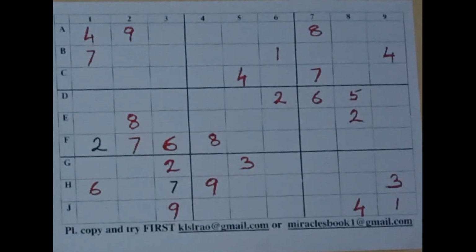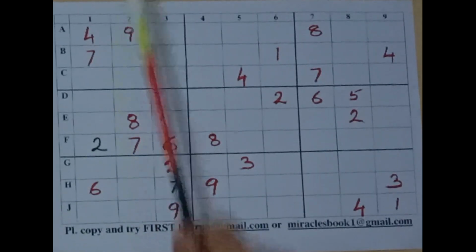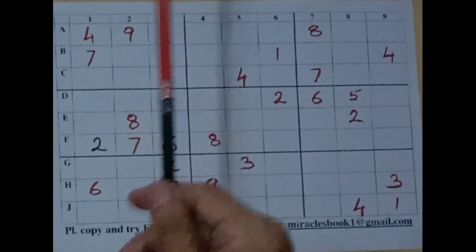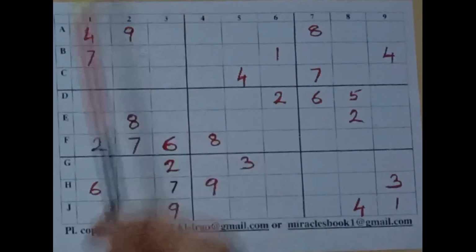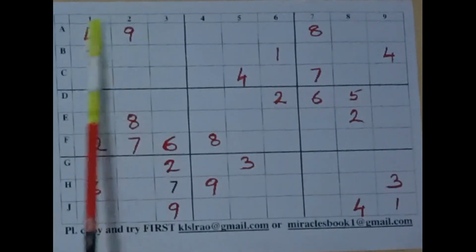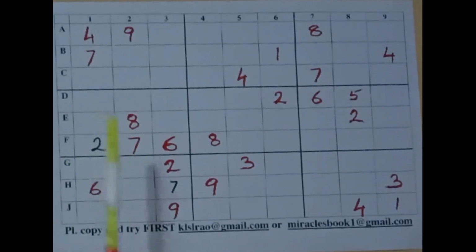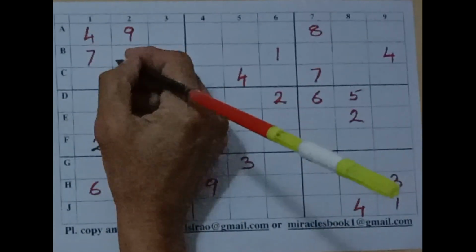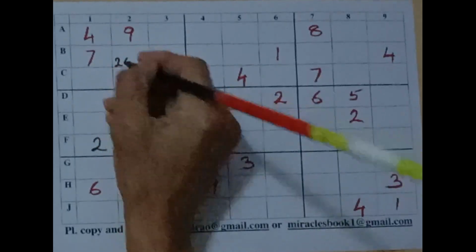Now immediately look again at this left vertical strip. You have a 2 here, a 2 here, a 6 here and a 6 here. So looking at this box, you can make a pair of these two numbers 2 and 6 and confirm them as a pair in these two cells like this.